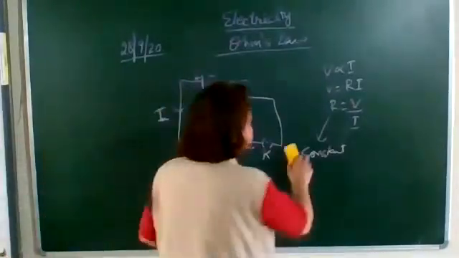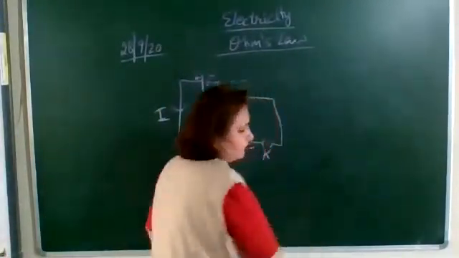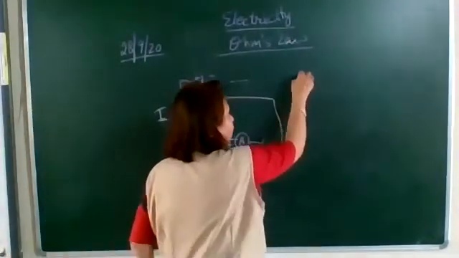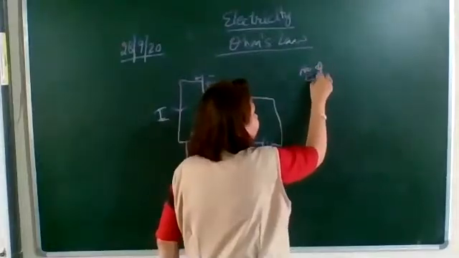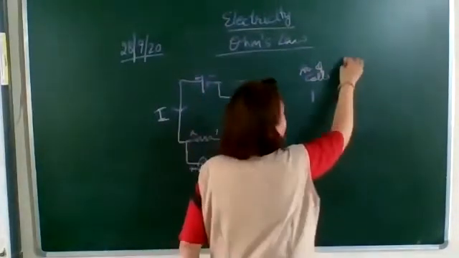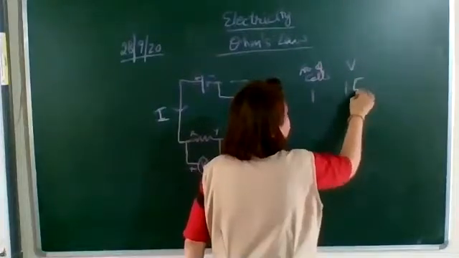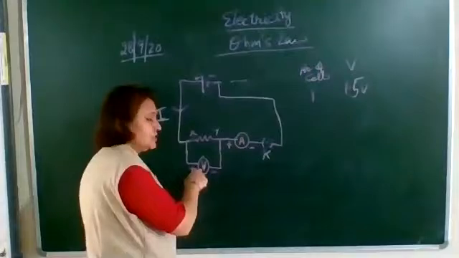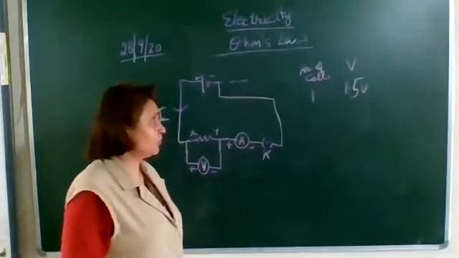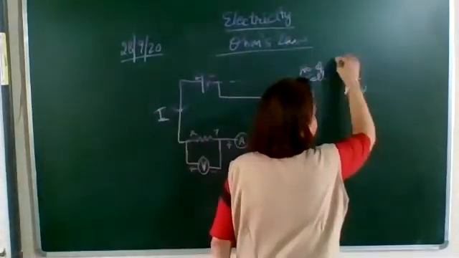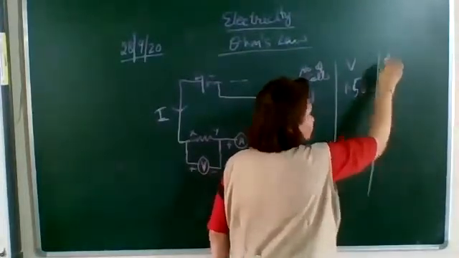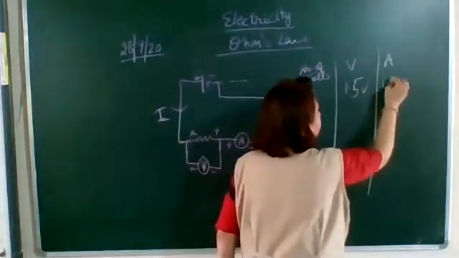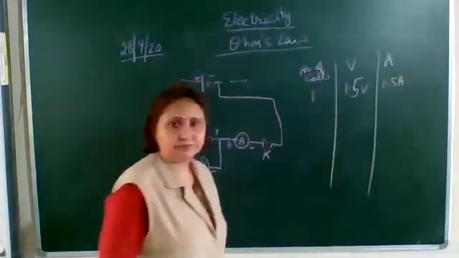Let's take an example when only one cell is connected, as given in the book, the number of cells connected. Only one cell is connected. The voltmeter reading, let it be 1.5 volt, because this battery voltage is 1.5 volt. So this nichrome wire is also getting 1.5 volt potential difference. Then the ammeter reading, just an example, not the exact values, let the current flowing through it be 1.5 ampere.